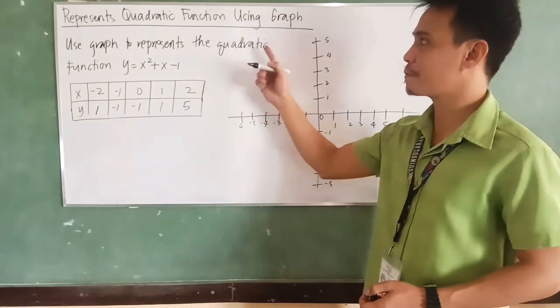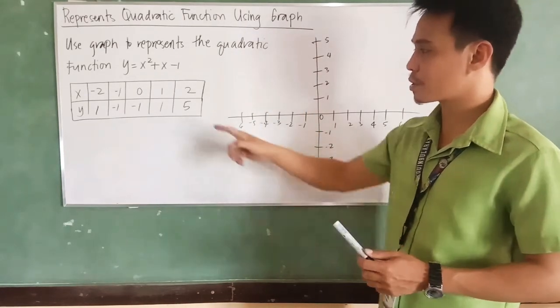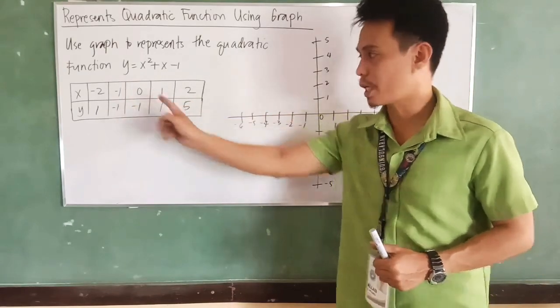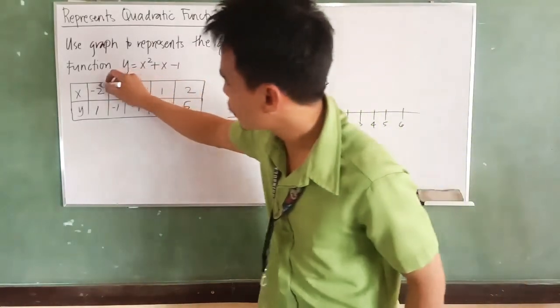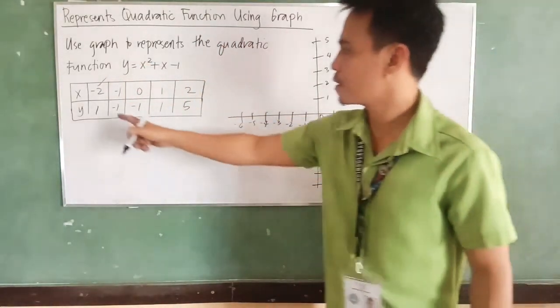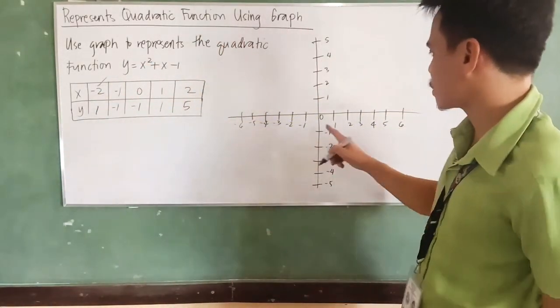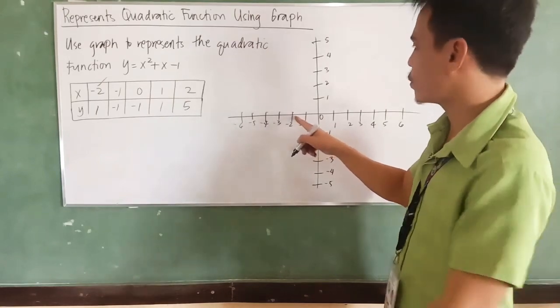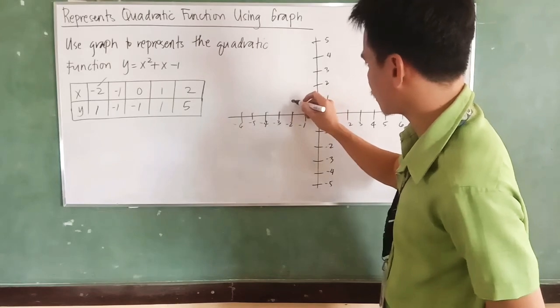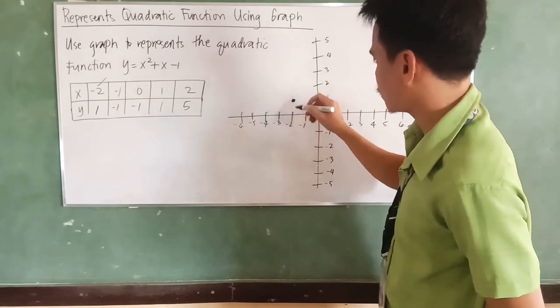So para ma-graph natin yung function, just plot the points we have for the values of x and y. So gagawin natin first is, your x and y is negative 2 and 1. So your x is negative 2, and your y is positive 1. So dito siya banda.